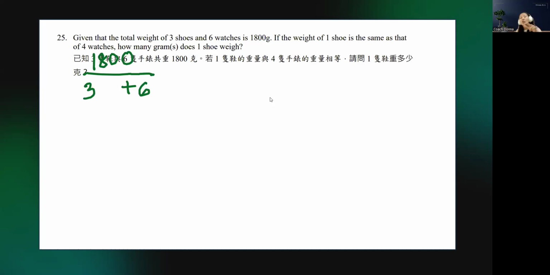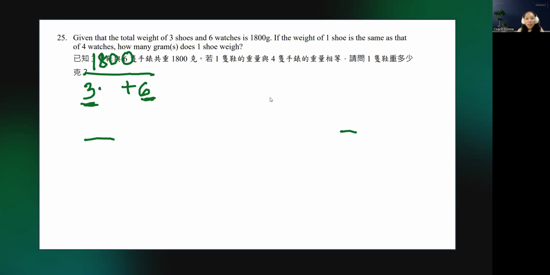But we need to make our denominator refer to the same quantity. What does that mean? If you're talking about watches here, you should also be talking about watches here. So we know that in one shoe, there are 4 watches.